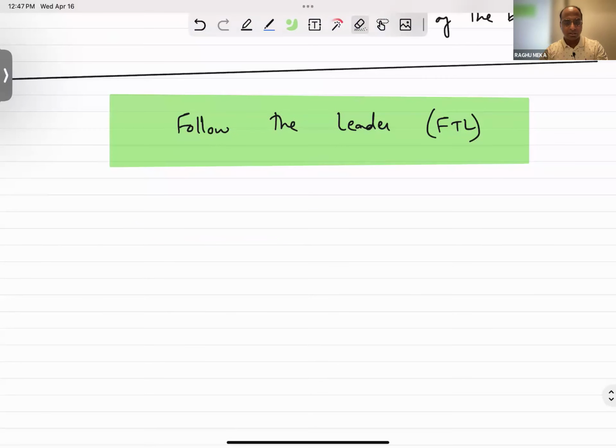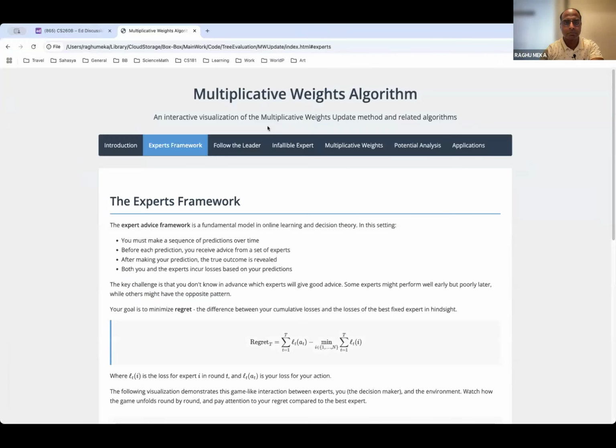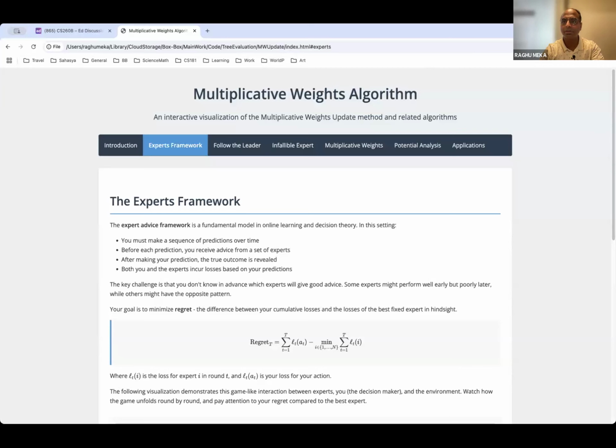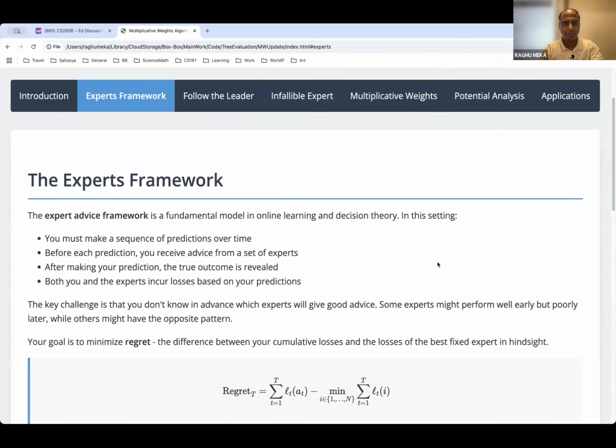All right. So what's the problem? Font is very okay.